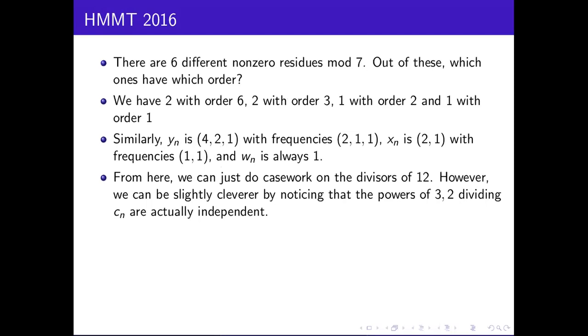So first of all, we can deal with the powers of 3. So what's the probability that C of n is divisible by 3? If we take a random n such that it's coprime with 210.